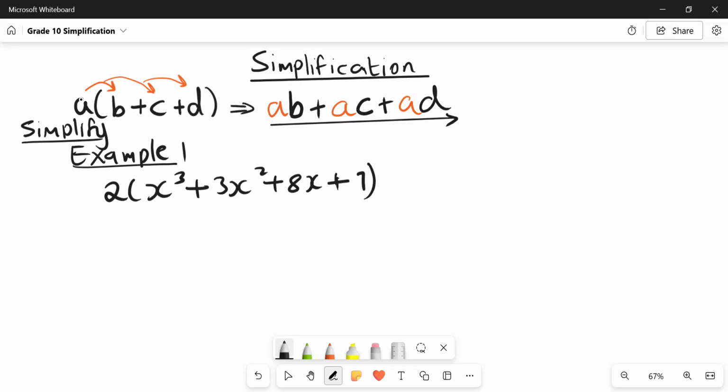So according to the law above, we have to multiply everything by 2 to remove the brackets. That's basically what I'm going to do right now.